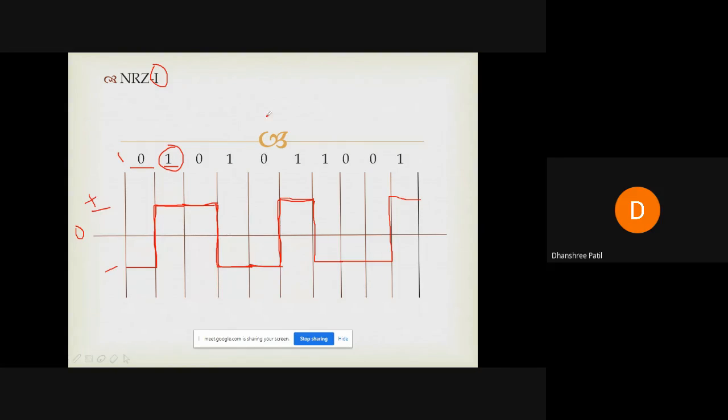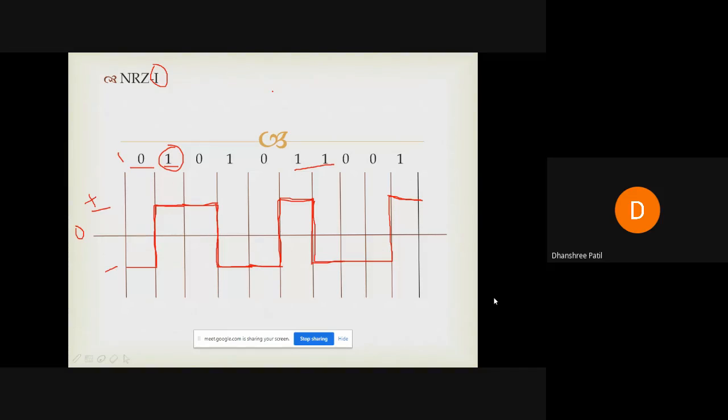Remember, if it were NRZ-L, as these are two consecutive ones, same data, I would have to continue the signal, but it is NRZ-I, so that is not the case here. So I'll just go back, invert, and mark the presence of a signal. Again 0, no signal, then 0, no signal, 1, negative to positive, and the presence of a signal.